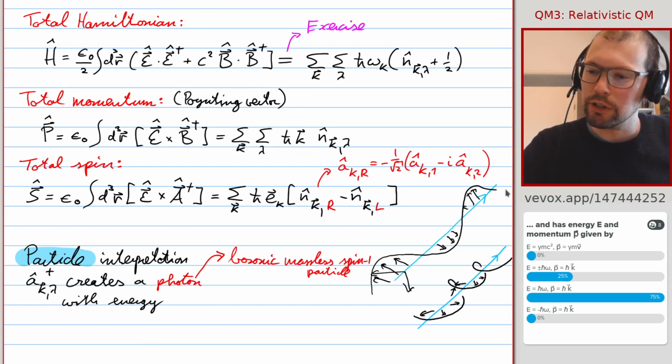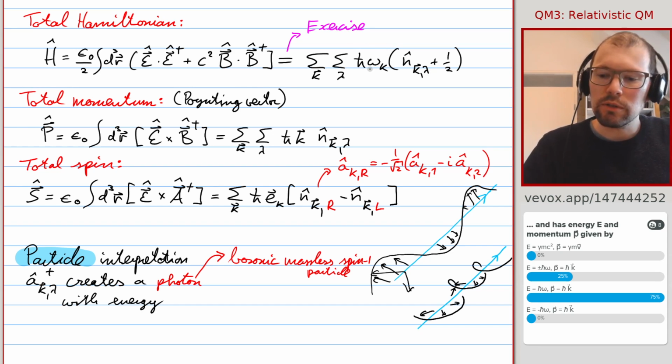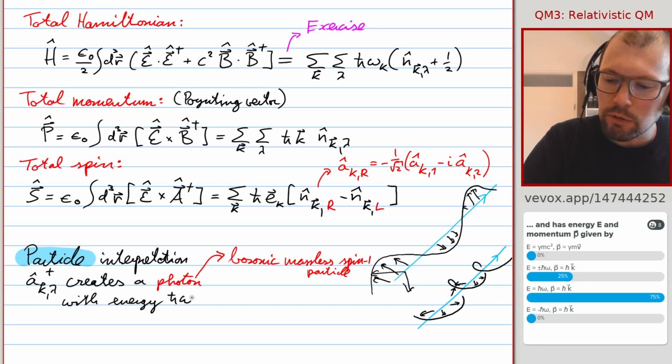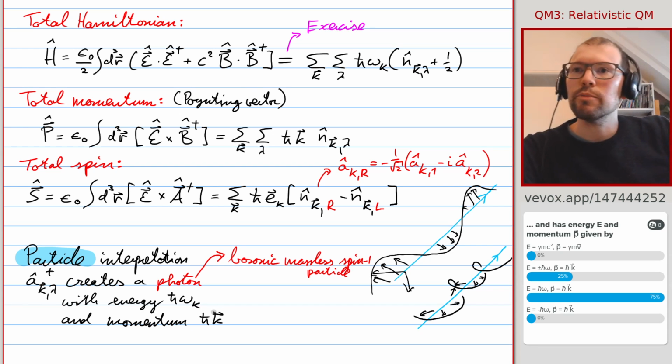Right, so there is no ambiguity here. We're really counting the number of particles with this particular wave vector and this particular polarization, and each of them contributes the same amount. So the energy is h bar omega_k, and momentum h bar k.